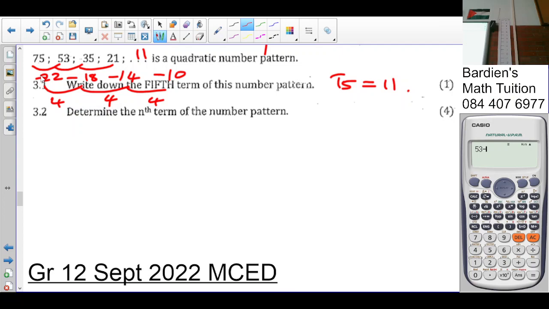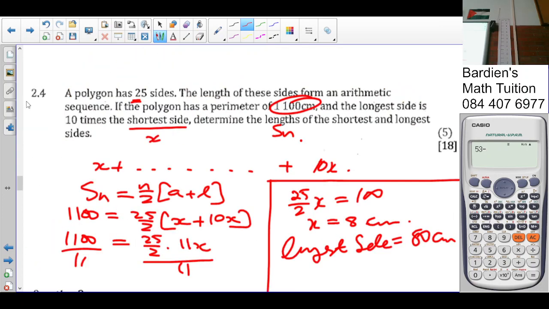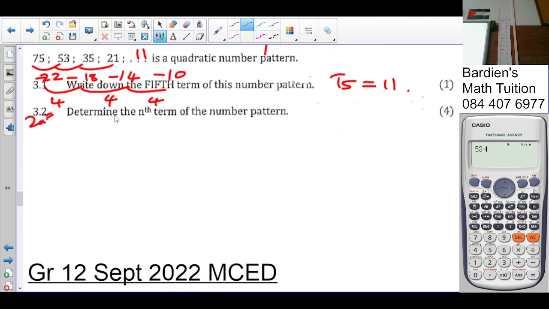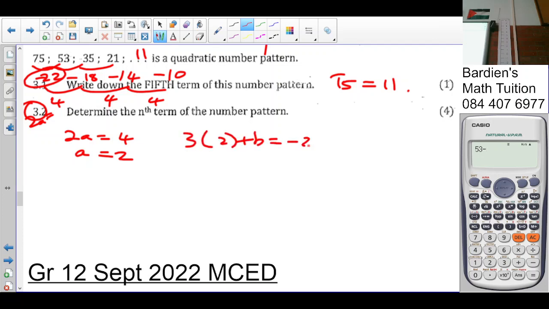Okay. So the next question says determine the nth term. So here on the side I write 2a, 3a plus b, and a plus b plus c. Okay, I wrote too close to the edge of the board. So we're going to say 2a is equal to 4, so a is equal to 2. Then 3a plus b is equal to negative 22.